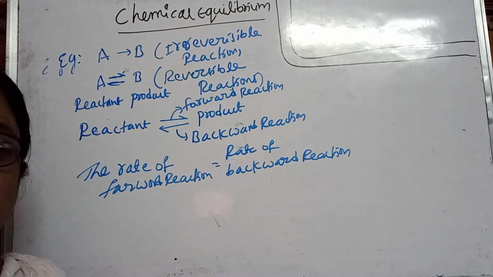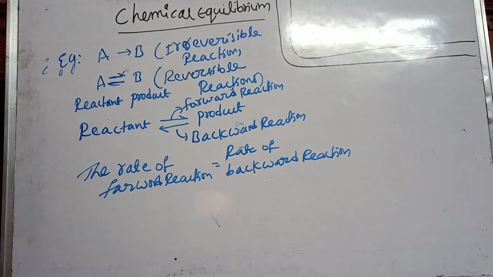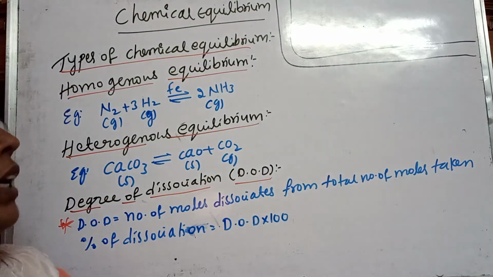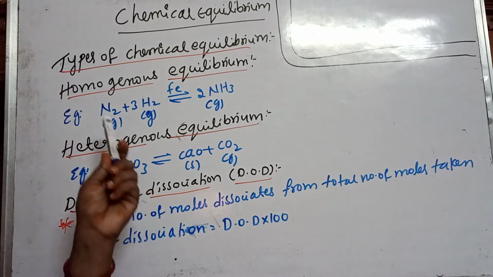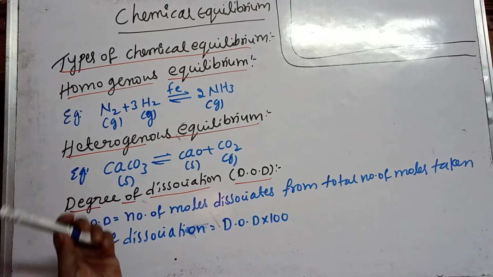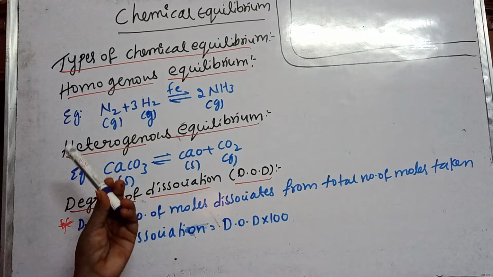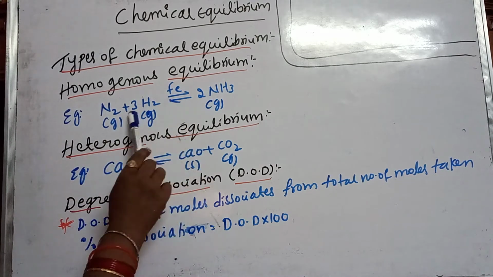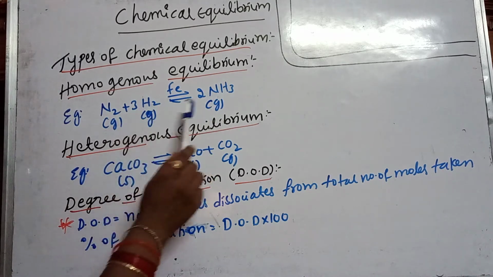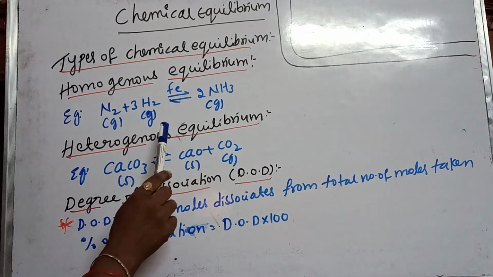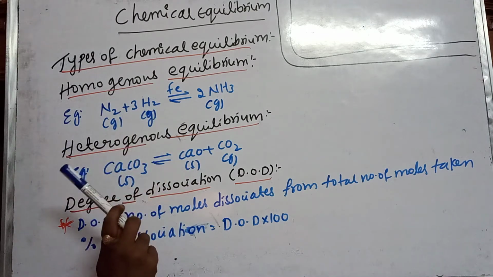Next, we are going to discuss the types of chemical equilibrium. There are two types: first homogeneous equilibrium, then heterogeneous equilibrium. Homogeneous equilibrium means the equilibrium in which reactants and products are present in the same physical state or phase.